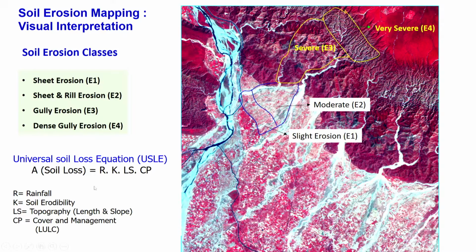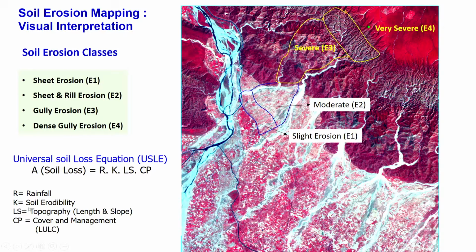What are the factors governing the soil erosion? It is described here in this equation: soil erosion is governed by R, rainfall; K, soil erodibility, the K factor; the LS factor, meaning topography, where L is the length of the slope and S is the slope steepness; and CP, the cover and management practices.